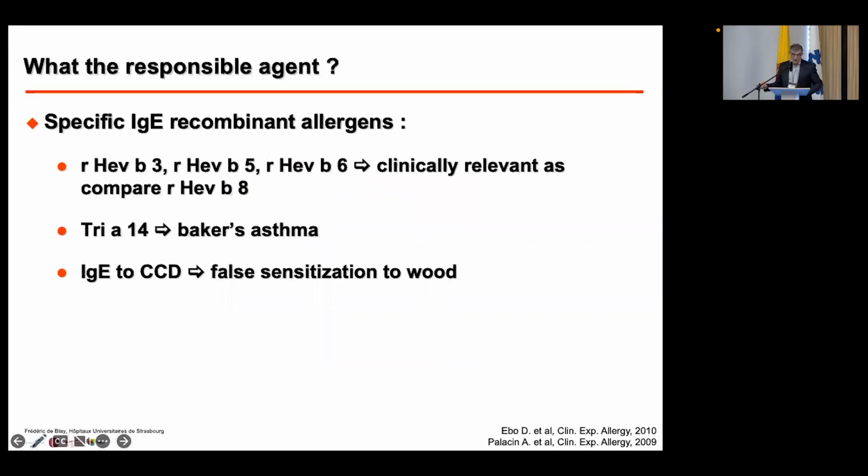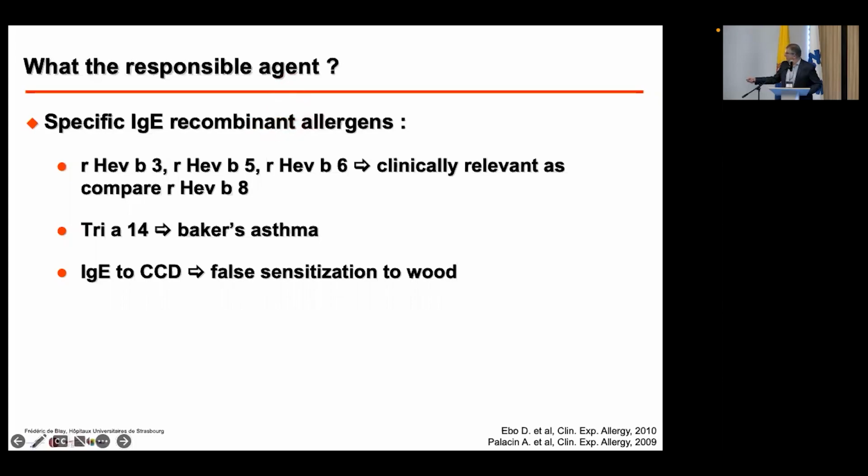About specific IgE, for latex, you have a lot of recombinants. You can use, of course, the specific IgE against latex, but also you can use recombinants. And you know that there are some which are more relevant. Hev b 3, 5, and 6 are more relevant than Hev b 8.